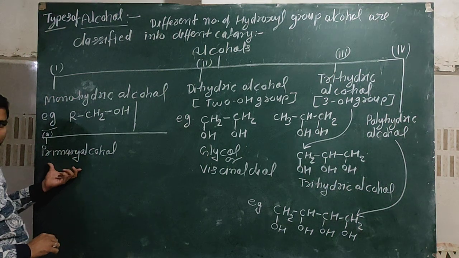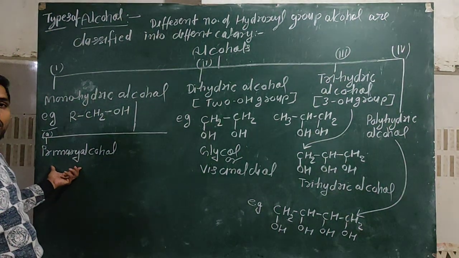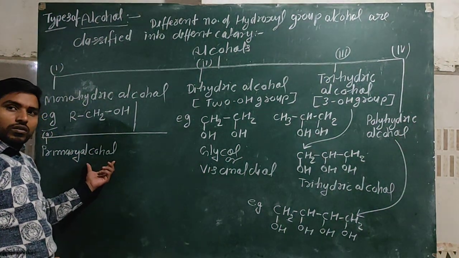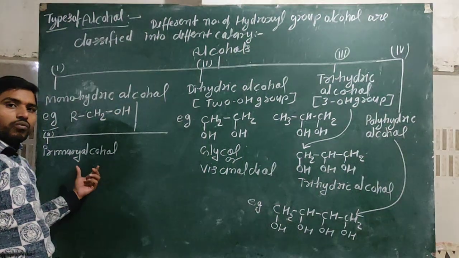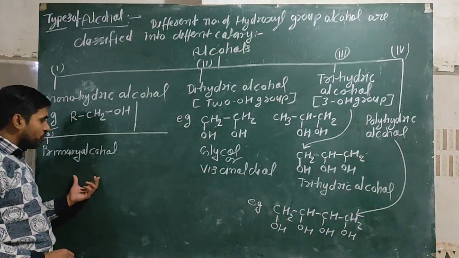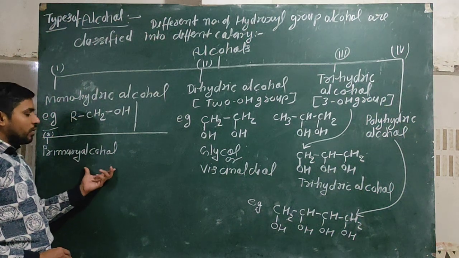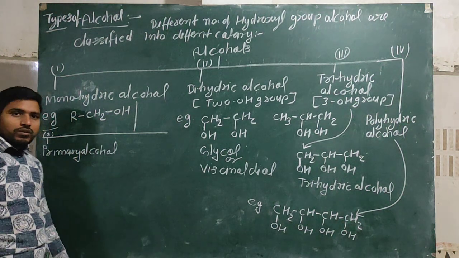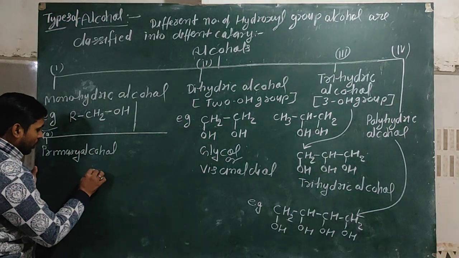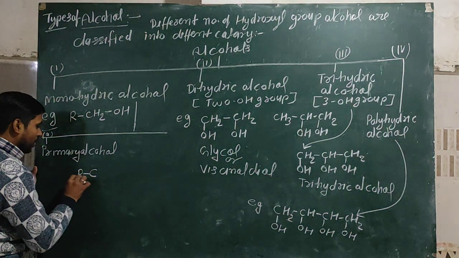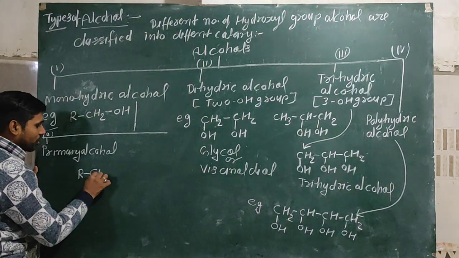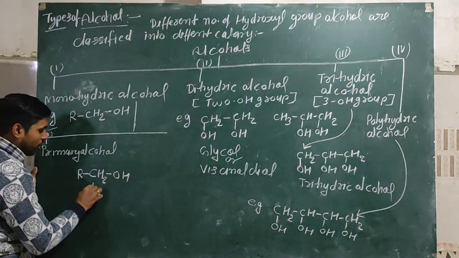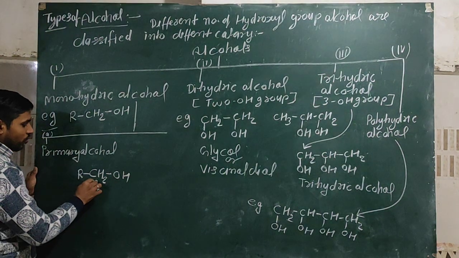Primary alcohols are those which contain one OH group, but this OH group is directly bonded to a 1 degree carbon, and 1 degree carbons are those which contain only one long chain hydrocarbon. For example, if this carbon contains one alkyl group in its structure and is directly bonded with the OH group, then it is known as primary alcohol, also known as 1 degree alcohol.